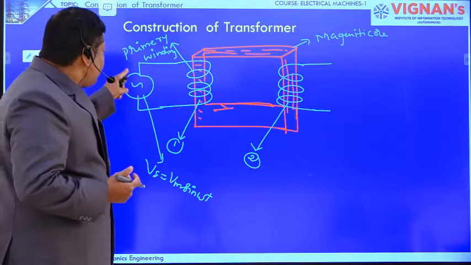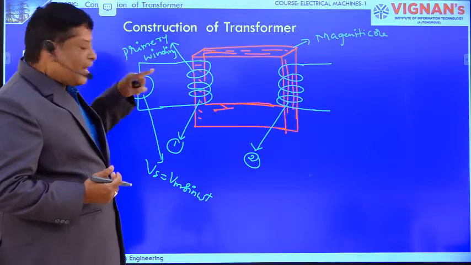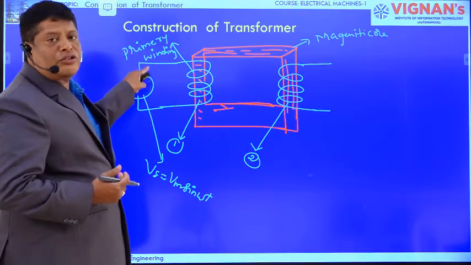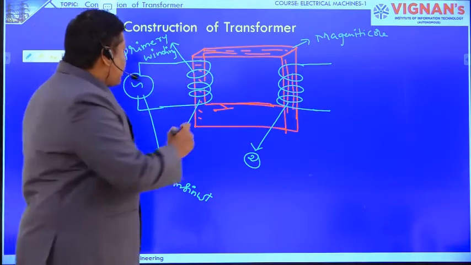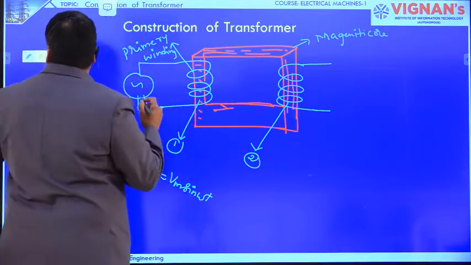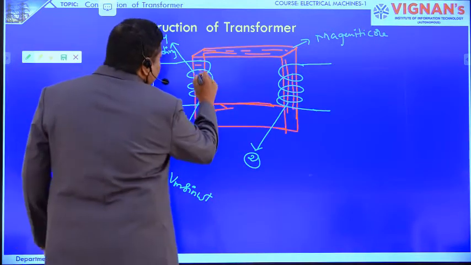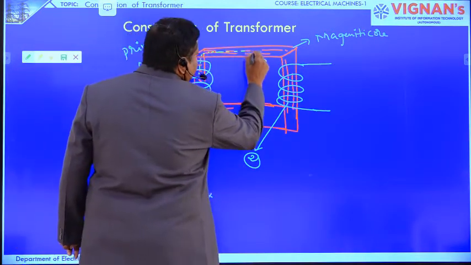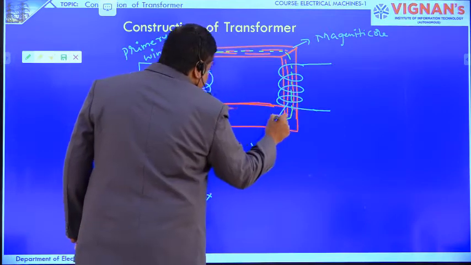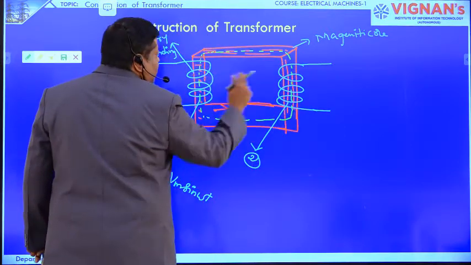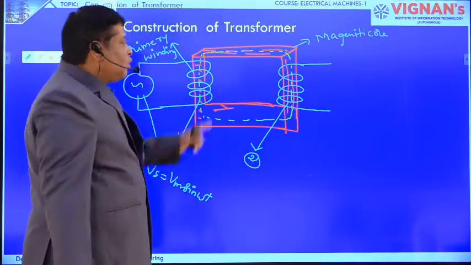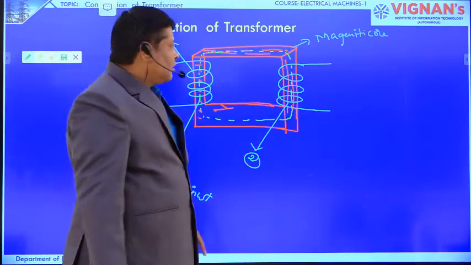Whenever we connect a sinusoidal voltage source across the primary winding, the flux will be created from the primary winding that is linking with the secondary winding. There is a rate of change of flux linkage at the secondary winding. The voltage will be induced in the secondary winding.